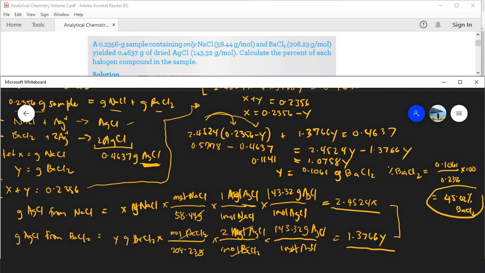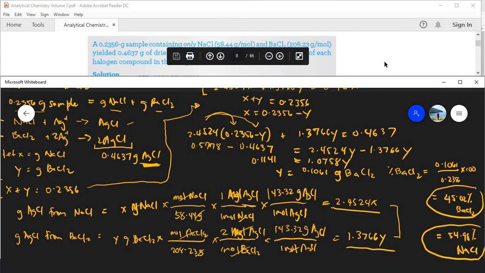The percent of NaCl should be 100 minus 45, which is 54.98. So that's 54.98% NaCl.